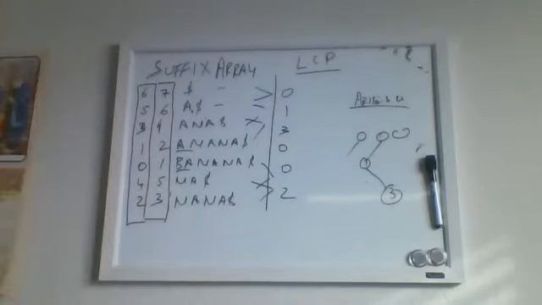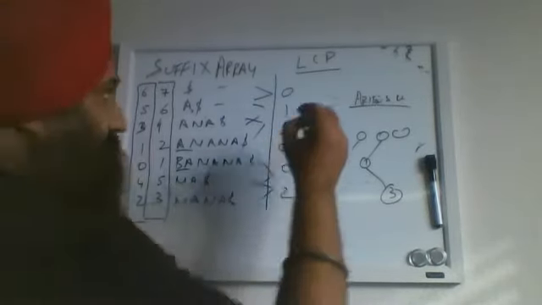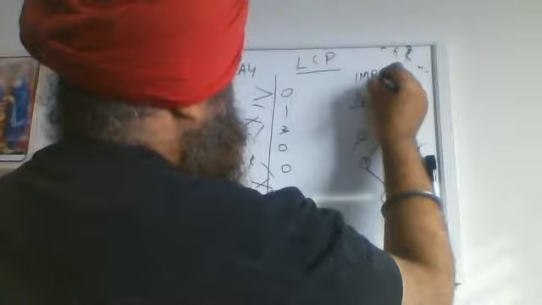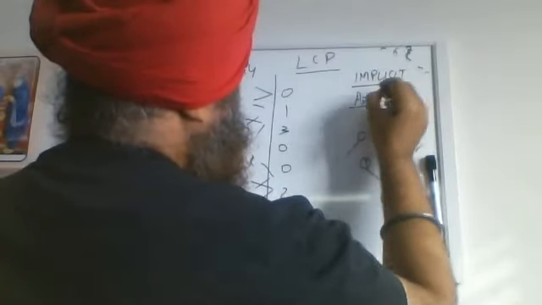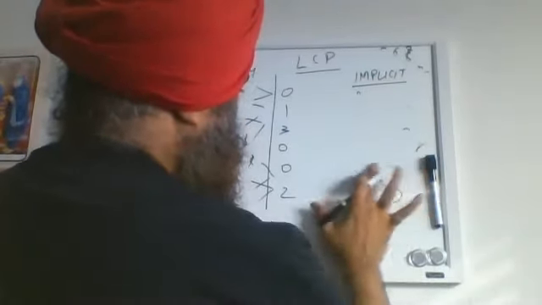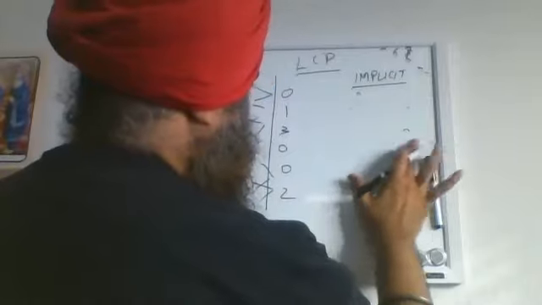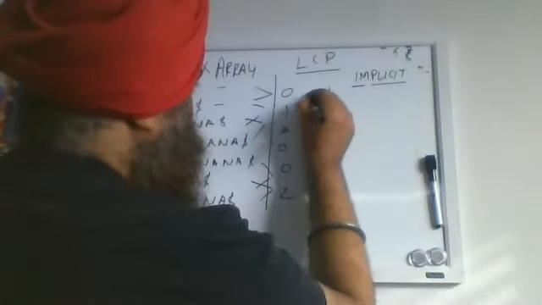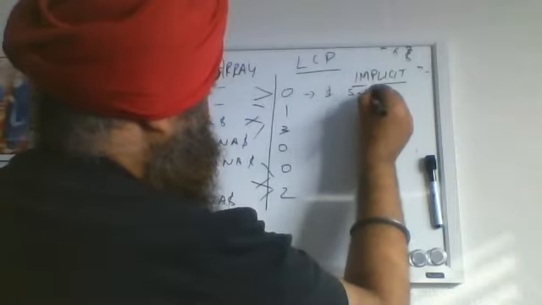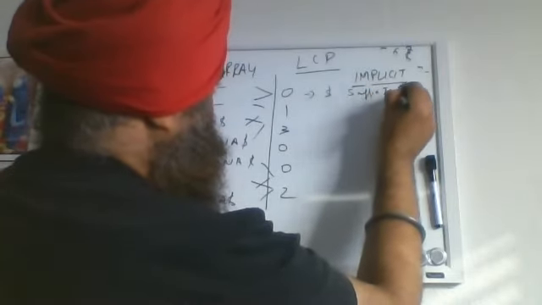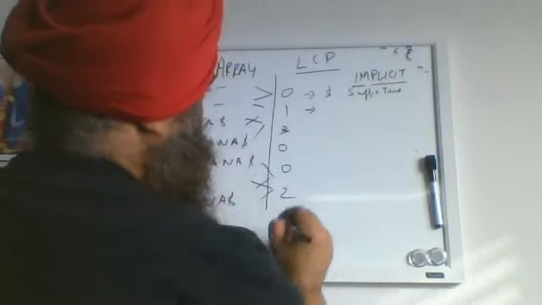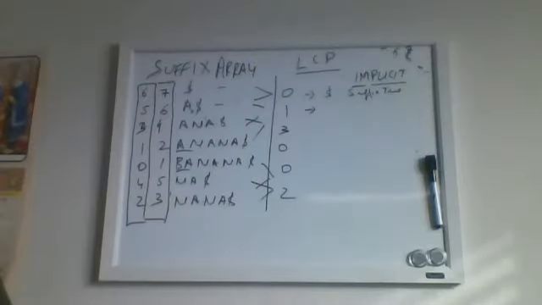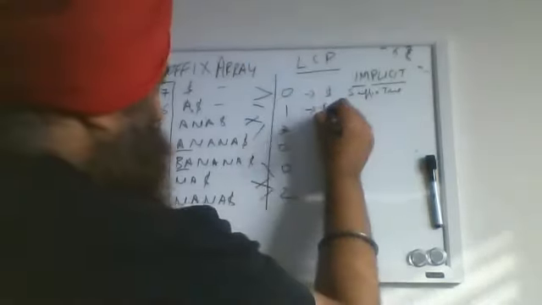Quickly, one thing I want to tell you: there is something called an implicit suffix tree. An implicit suffix tree is nothing but a suffix tree with the dollar signs removed. Since you are removing the dollar signs, a few of the edges will become empty, so you remove the edges which are not labeled.